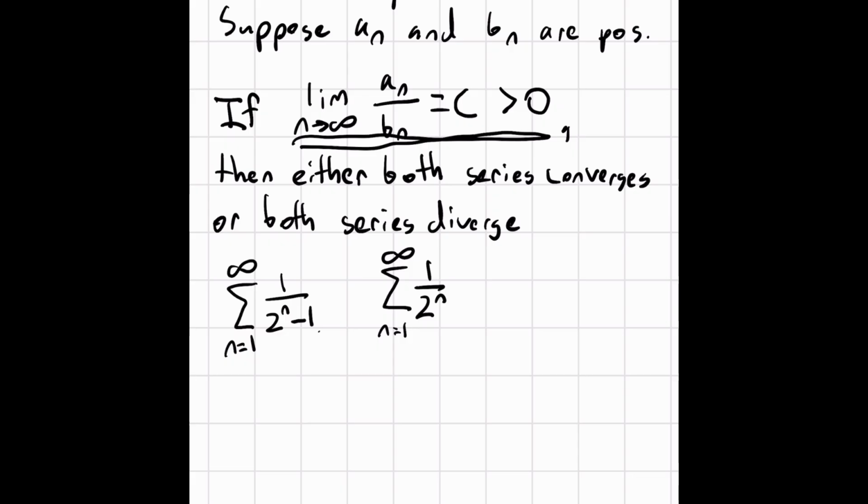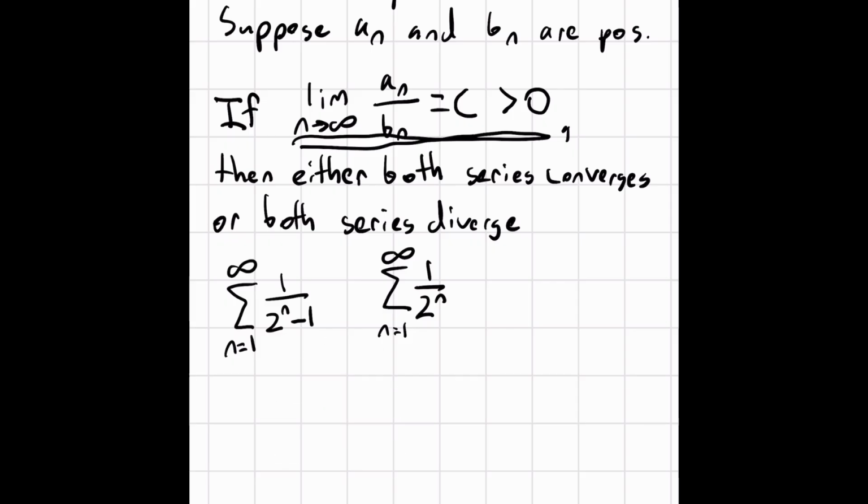Subtracting 1 in that denominator is going to give you a slightly smaller number, which is going to give you a larger fraction, right? 2 over 3 is smaller than 2 over 2.